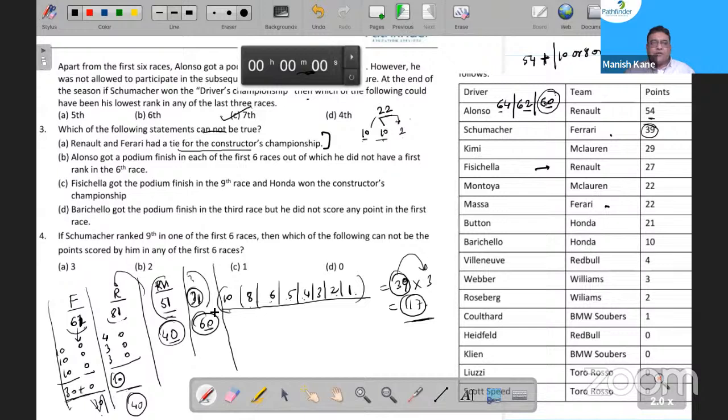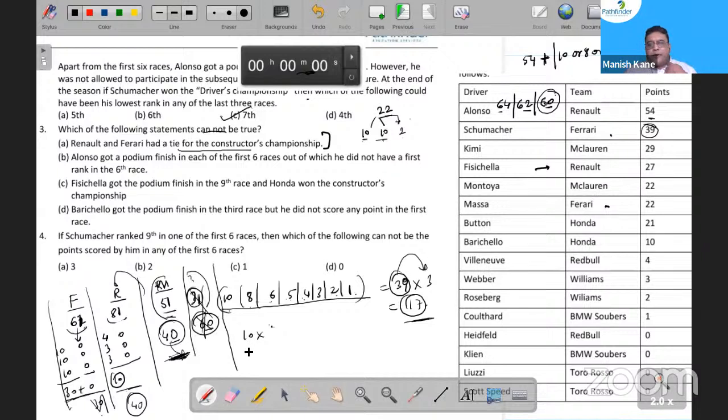60 points is not possible. Why? Because for 60 points, the only way it is possible is when both the players of one team get 10. So obviously, Honda cannot win the Constructors' Cup. What about McLaren? Can it win? So it needs only 40 points.